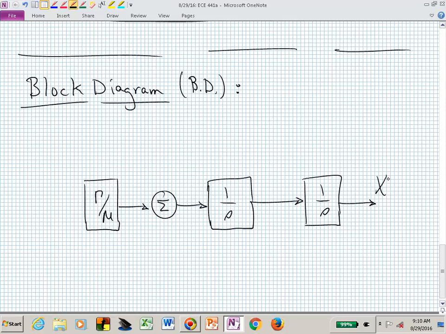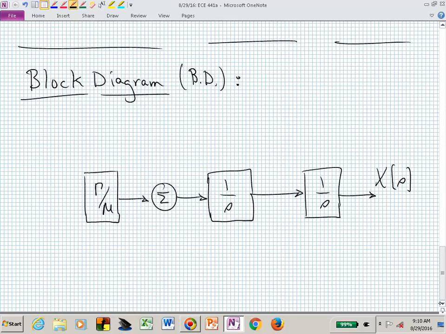Here, to make it consistent with what we've done earlier, let's go ahead and say the output is the position, capital X of s. Then we have, let's say, x sub 2 of s coming out of the first integrator in the frequency domain.